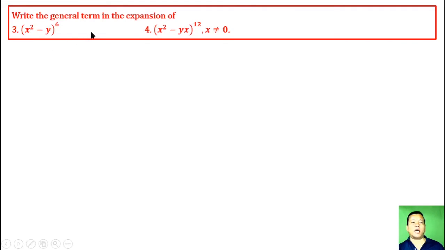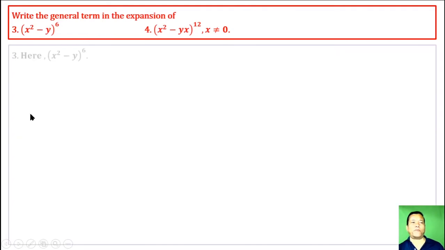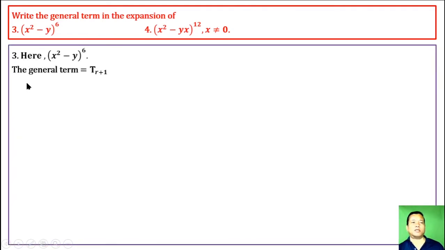Write the general term in the expansion of this. We have to find its general term. The general term is denoted by T of r + 1, whose value is 6Cr (x squared) whole to the power 6 minus r into (minus y) whole to the power r. Simplifying, we get (minus 1) to the power r into 6Cr into x to the power 12 minus 2r into y to the power r.